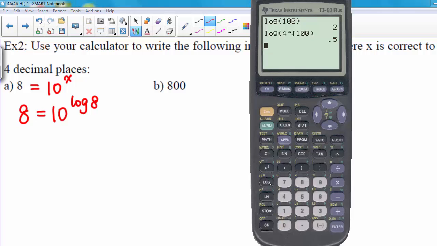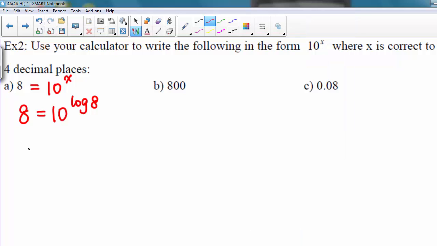What is log 8? I only need to find log 8. It's 0.903 something. Anyways, we only need to get 4 decimal places. So 8 is approximately equal to 10 to the power of 0.9031.